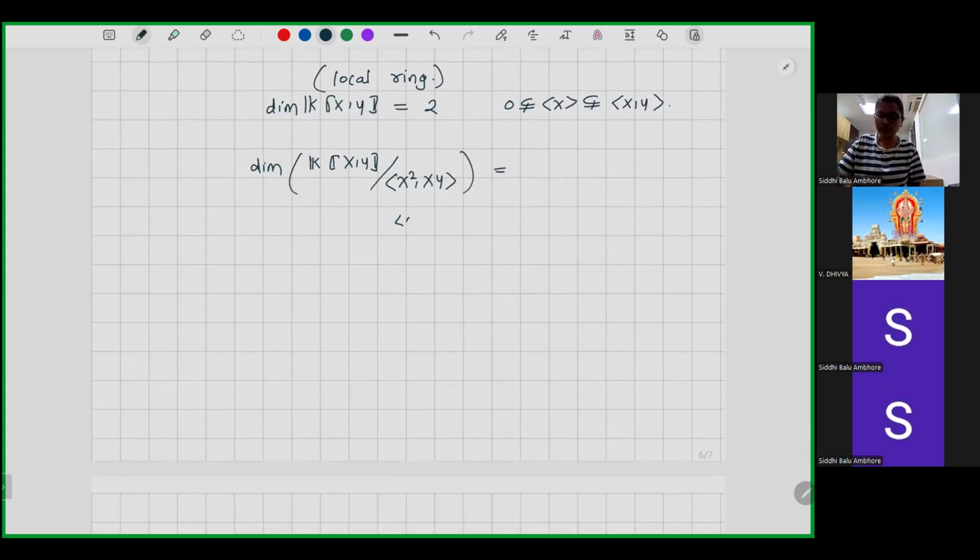Note that the ideal (x) contains this ideal, and (x) is not prime... and I can extend this chain by this. So this is my p0, this is my p1. So the dimension of this is 1.